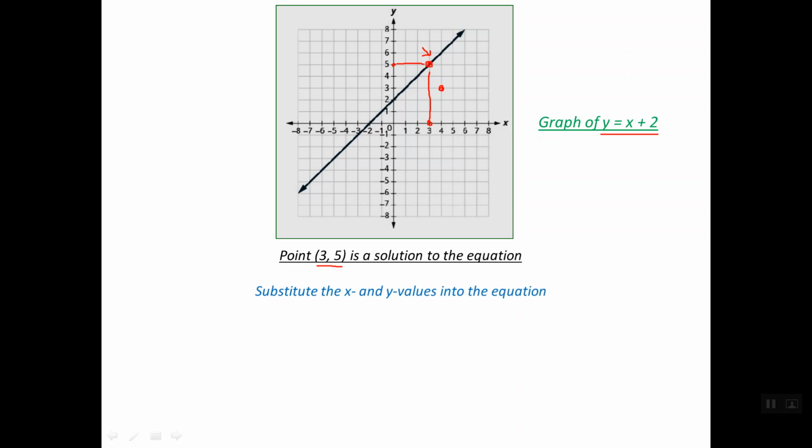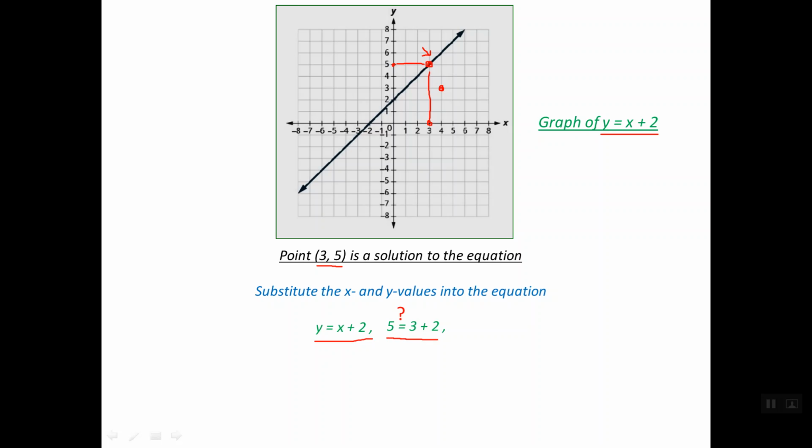We can also check this by substituting the coordinates of x and y. This is the equation, y is equal to x plus 2. So we need to substitute. For y we have 5, which is equal to x, which is 3, plus 2.